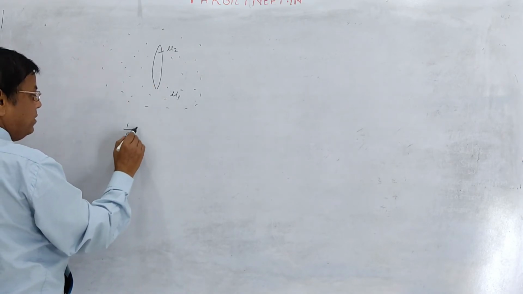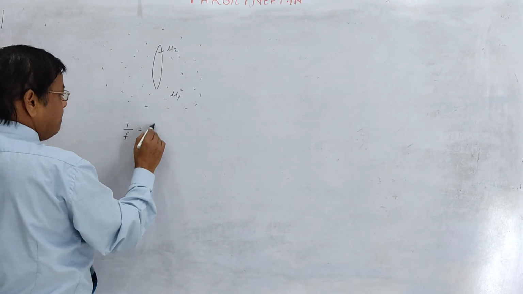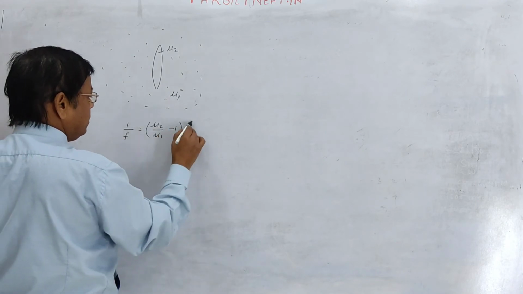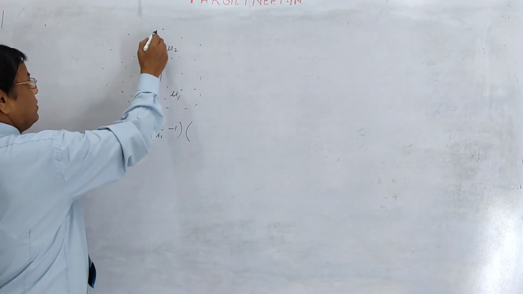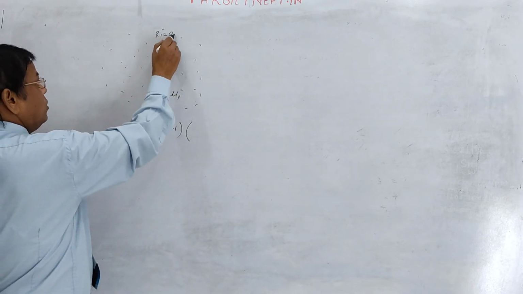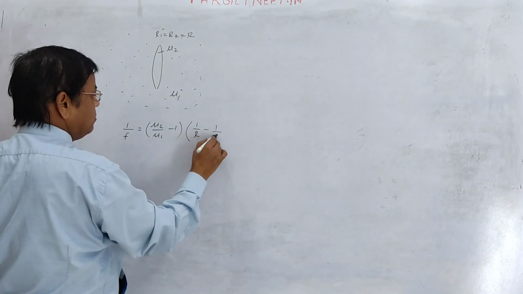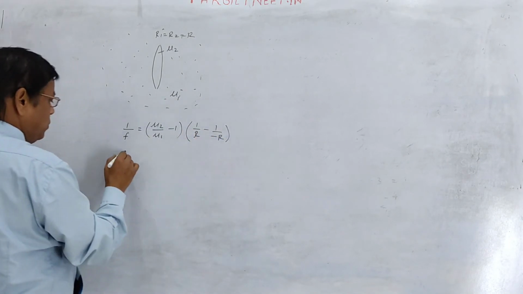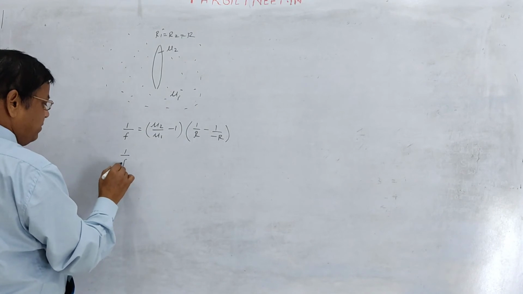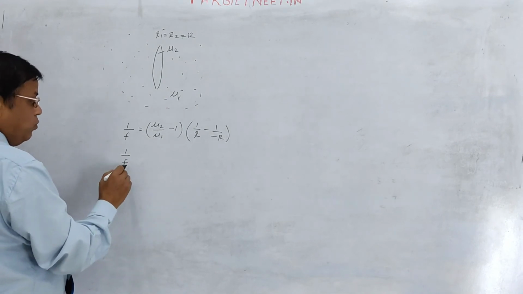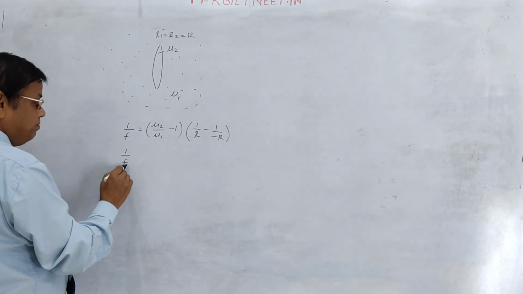1 upon f is equal to mu 2 upon mu 1 minus 1, and I am taking equiconvex lens, R1 equal to R2 equal to R. So I am writing 1 by R minus R. So it is 1 by f. This is focal length of lens in medium.